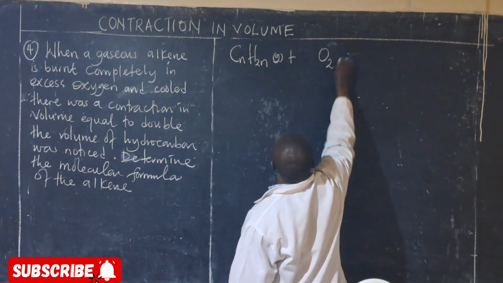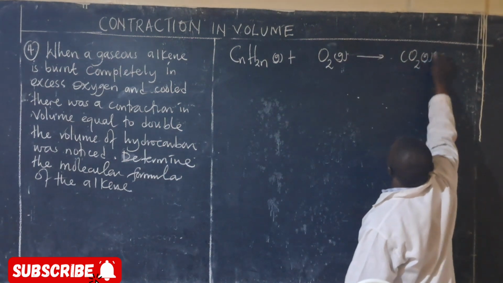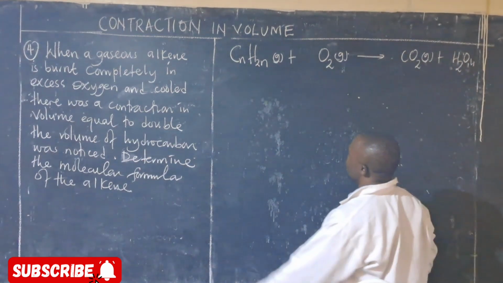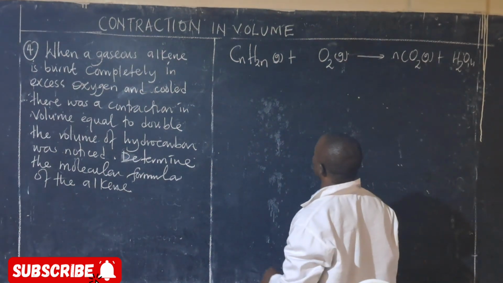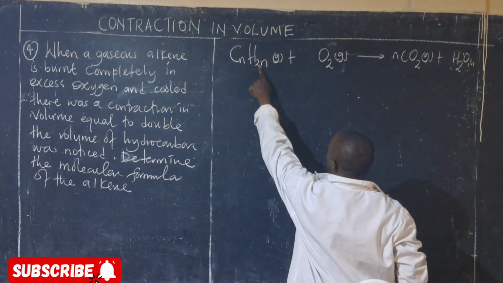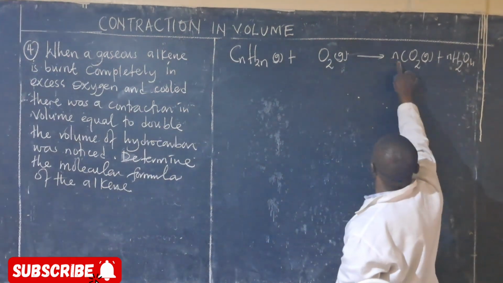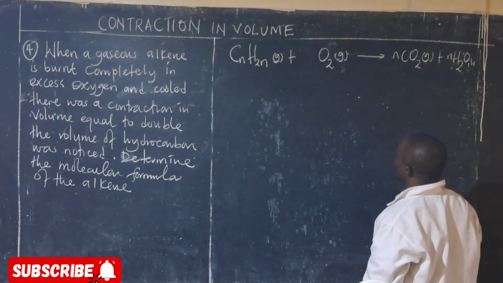So let's try to write this, giving us carbon dioxide plus water. So let's balance. Carbon is n, put n here. Hydrogen is 2n, I just need n here. So making oxygen 2n plus n, that is 3n.